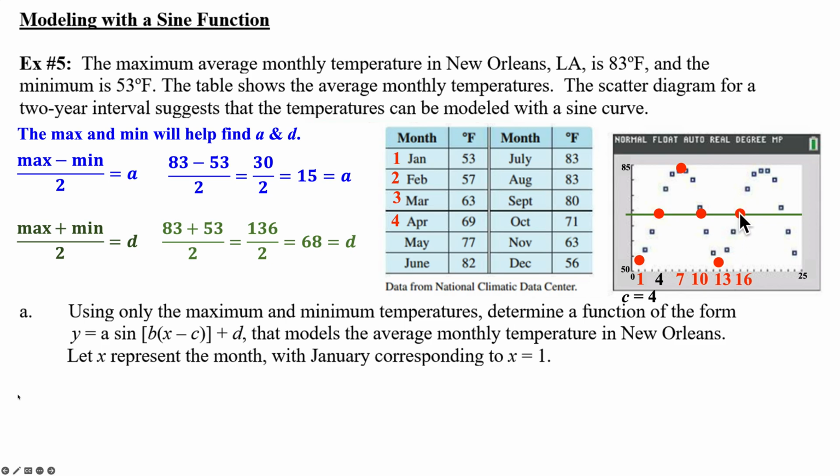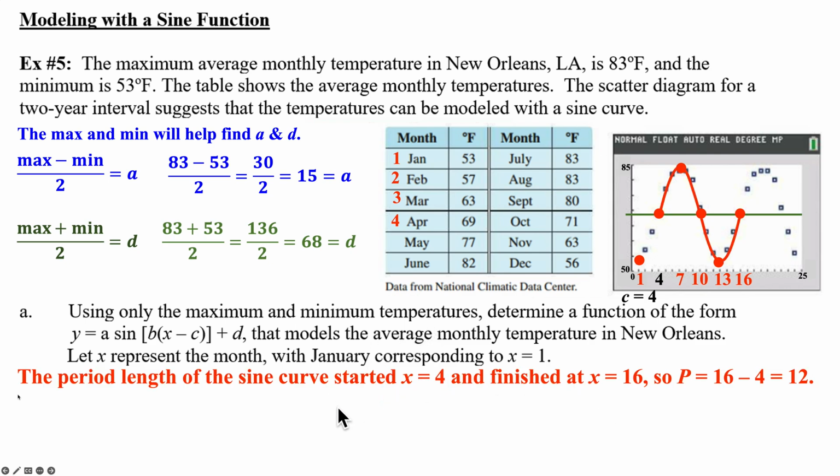That's that point right there. So here's my sine curve. To find my period length, 16 is the x-coordinate it ends at, it begins at 4, subtract that, that's 12. Okay, wait a minute, that makes sense because it's a year's worth of data, 12 months.